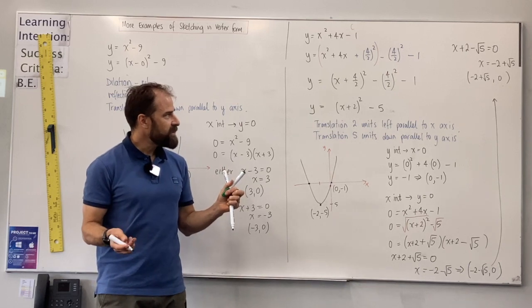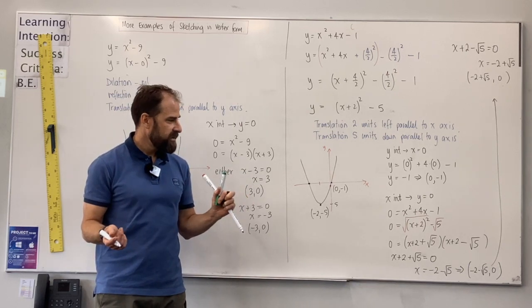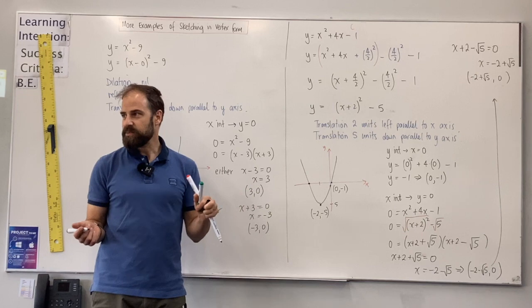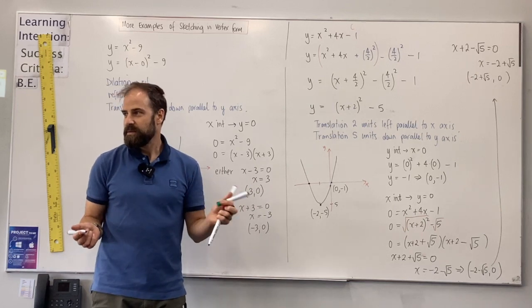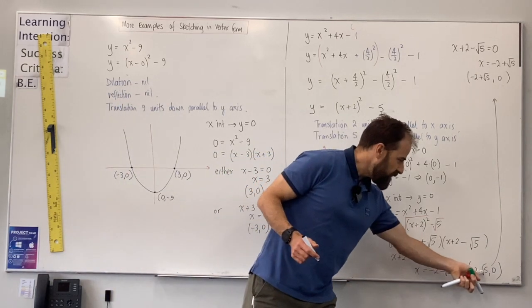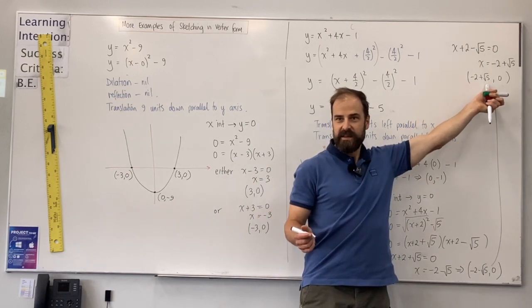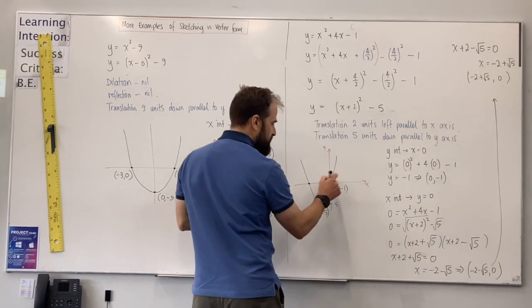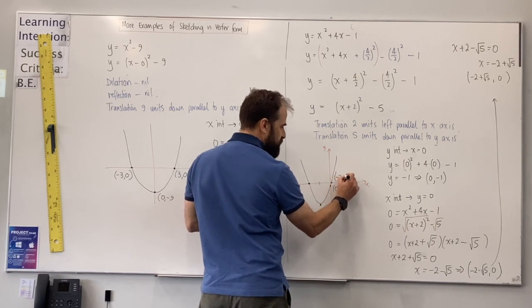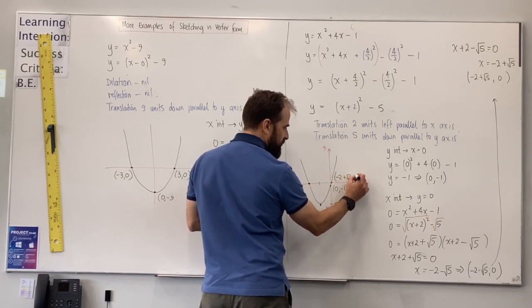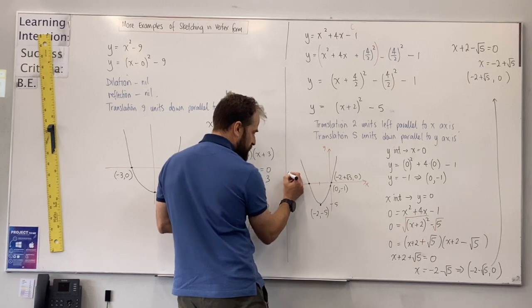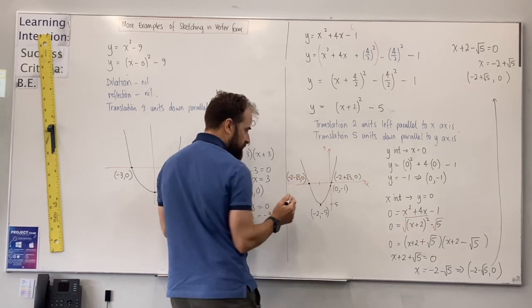Plus. The plus one. Which one's going to be the smaller one? Minus. The minus one is the one down the bottom. This one's got two minuses. It's going to be smaller than a minus and a plus, isn't it? Yeah? So that means this coordinate is minus 2 plus root 5, 0. And this coordinate is minus 2 minus root 5, 0.